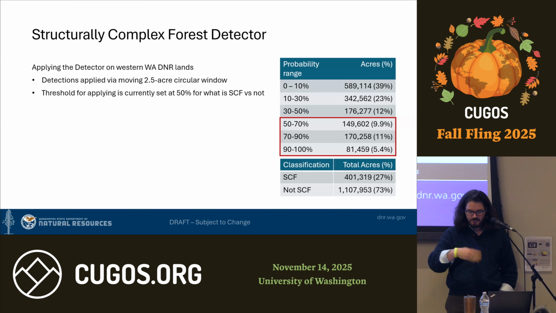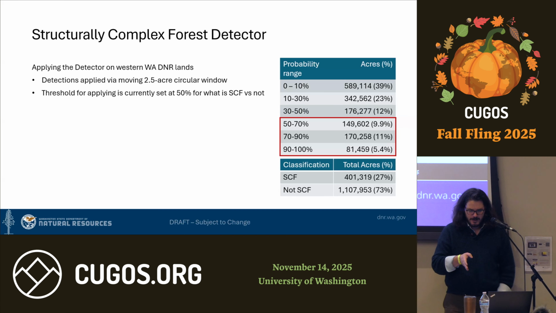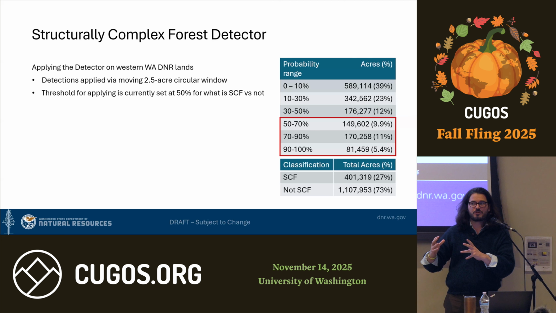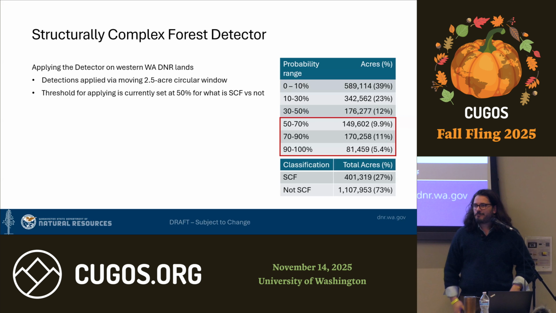And, you know, that's great. But you can also see that if I used a different threshold, maybe 70 to 100%, the acreage decreases. But also, because we saw some of that overlap, maybe my confidence in that structural complexity can also change. So which one do you choose?